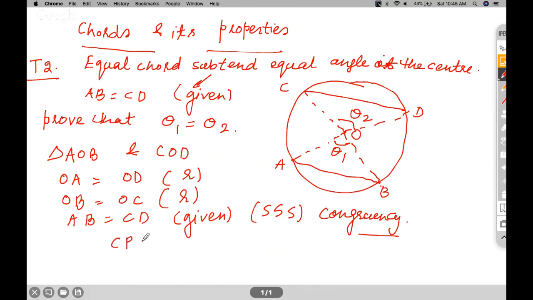Now, by CPCT, corresponding parts of congruent triangles are equal. Angle opposite to equal side. So opposite to AB, theta1 is there. So I am writing here opposite to AB. And opposite to CD, theta2 is there. So I am writing here CD. So theta1 would be theta2 by CPCT. So that's how you have to prove it.